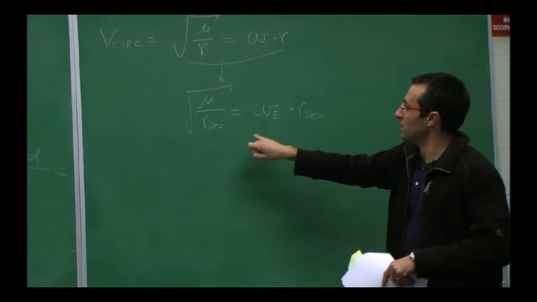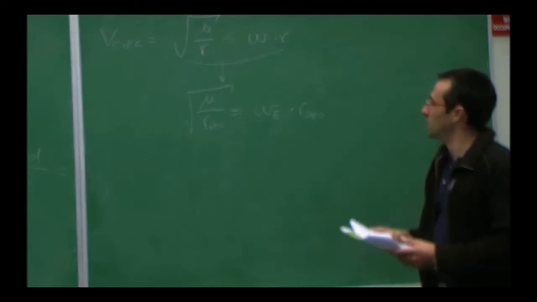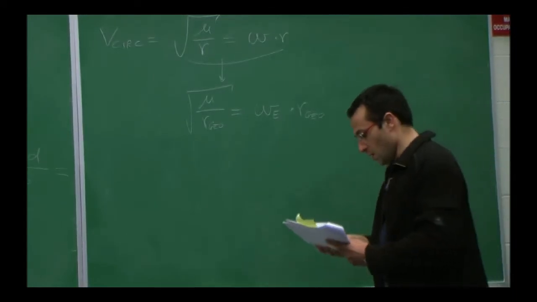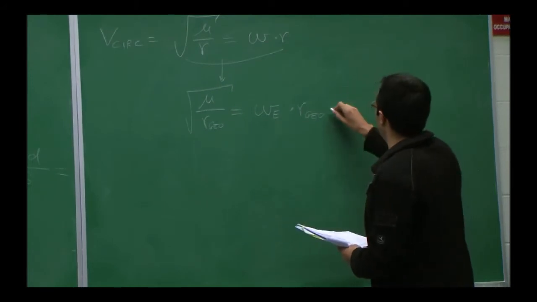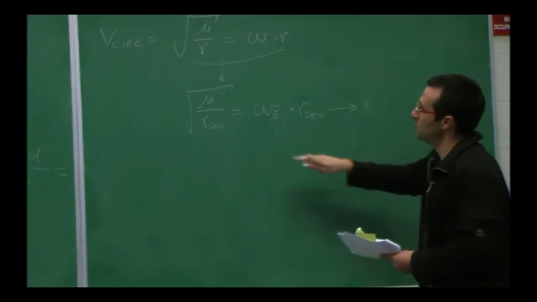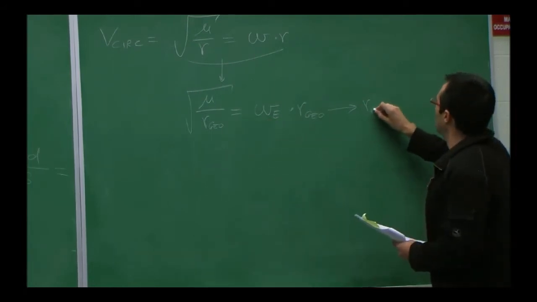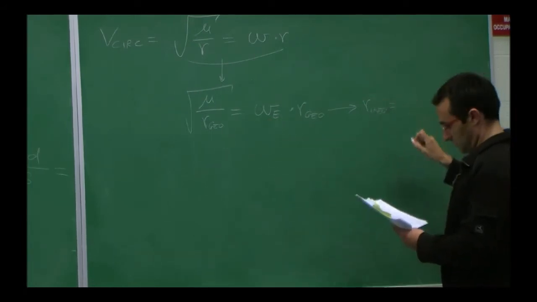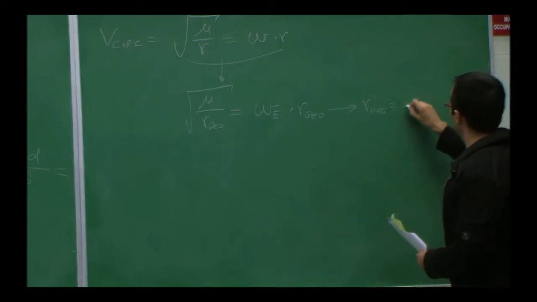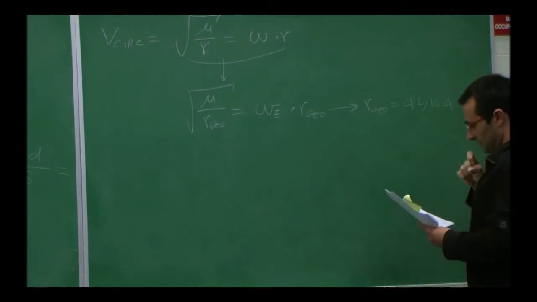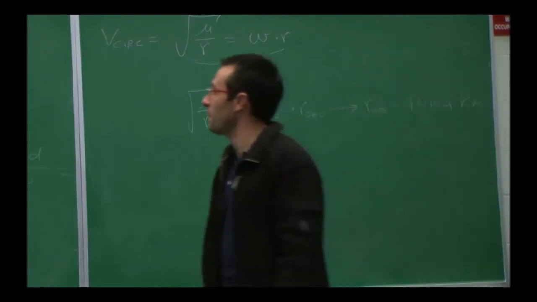And so if I impose this angular velocity, I'm going to call the radius that corresponds to that just r geo. Okay. Well, if you solve for that, which is not a huge deal, mu is given, omega e is that number, r geo is, let's see, 42,164 kilometers. That's what I have.